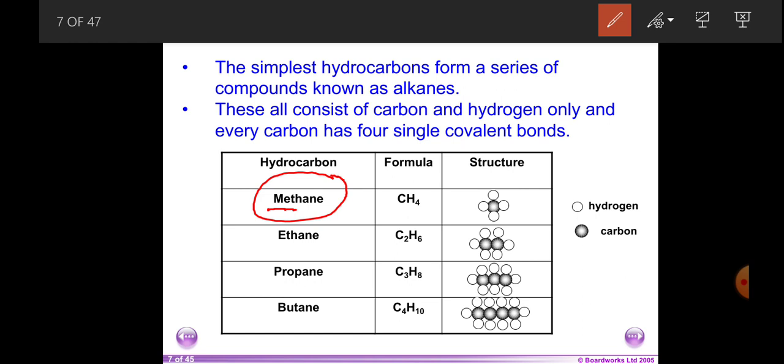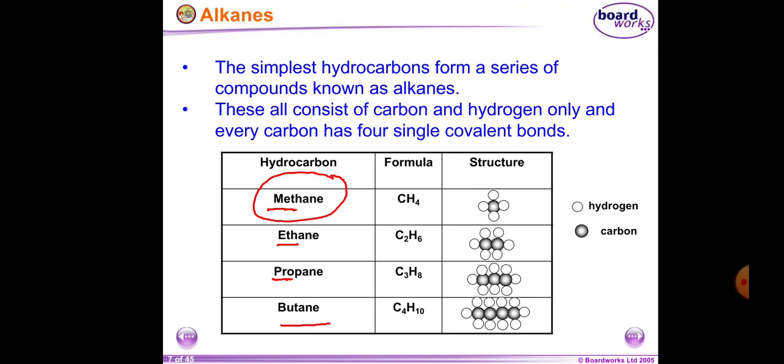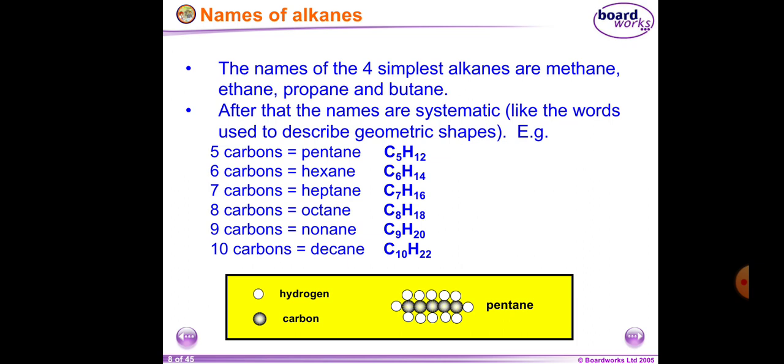Those that have two carbons have the prefix eth, and the name is ethane. The other member has the prefix prop, and the entire name is propane. The fourth member is butane. It has the prefix but, or bat, or however you'd like to pronounce it. There are so many of them.